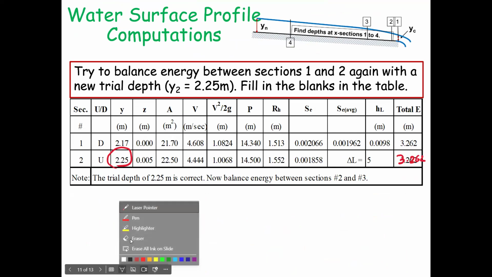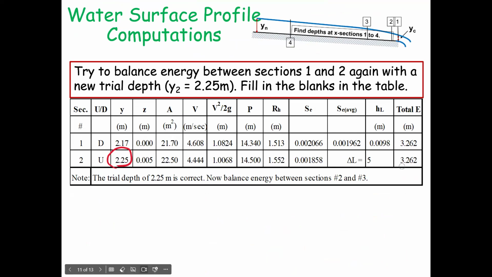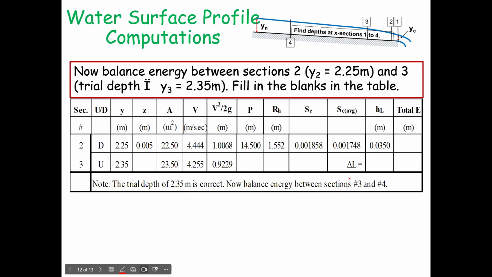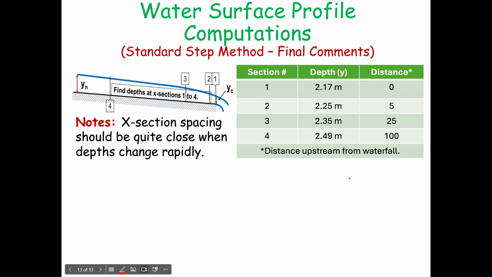So I can get rid of that. This is the way that you should do it. There is no way other than that, because you need to make a balance between 2 points. This is just for 5 meter delta L, and you should do it for 25, and it was 100 as well. You will end up with this one.